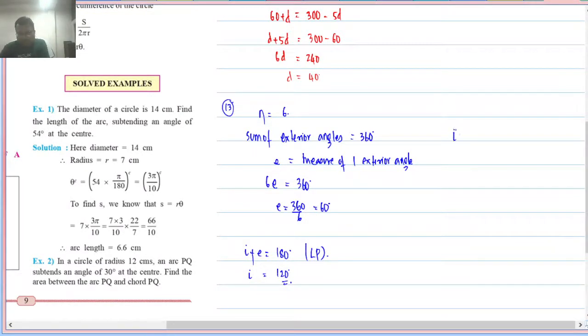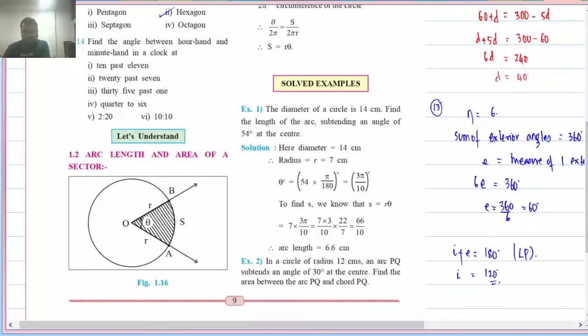Now, interior is 120, exterior is 60, pi radians is 180 degrees, 60 degrees is how many radians? 60 into pi upon 180, that is pi by 3 radians, and 120 is 2 into 60, therefore 2 pi by 3 radians.